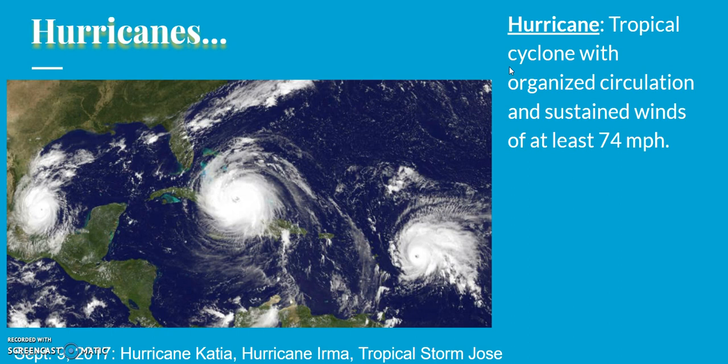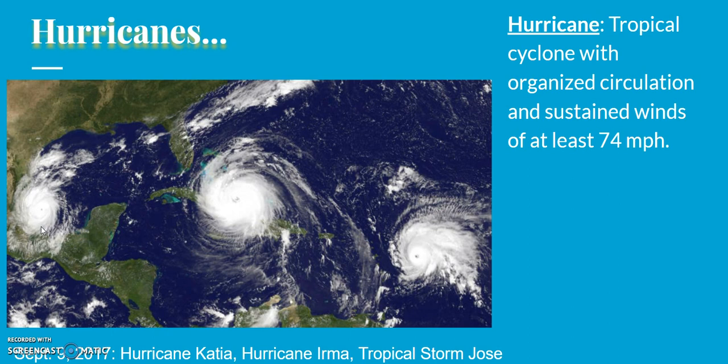Now, notice this is a satellite image, and there are three named storms in it. From left to right, this is Hurricane Katia, Hurricane Irma, and Tropical Storm Jose. You'll notice that Tropical Storm Jose actually covers more area than Hurricane Katia, but that doesn't necessarily indicate what the central wind speeds are.